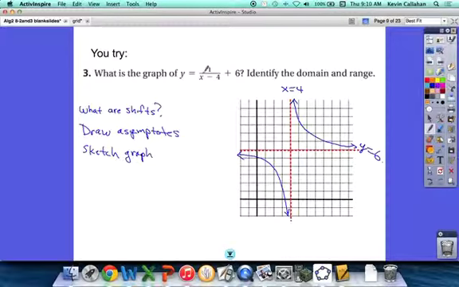If it had a minus in front, it makes it flip across the x-axis, so it would be in quadrants 2 and 4 instead. That's the thing you've got to look for. Like I say, we're not going to compress.